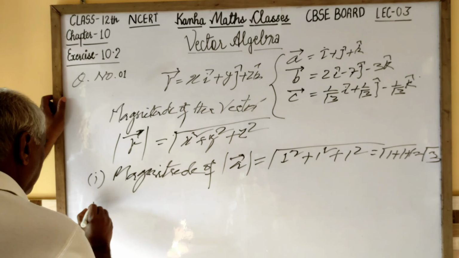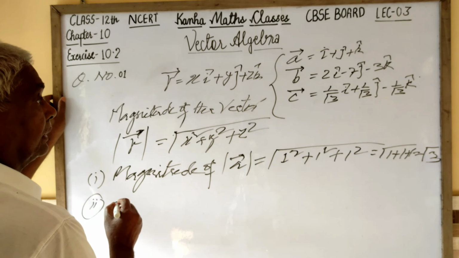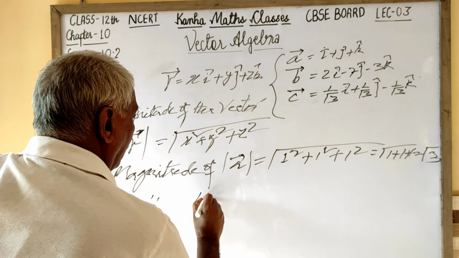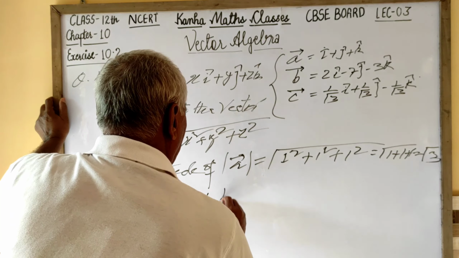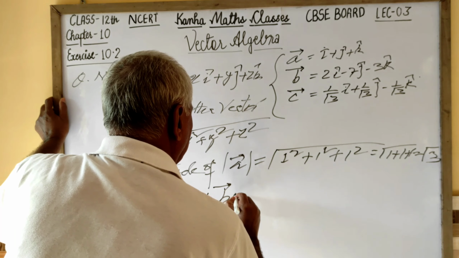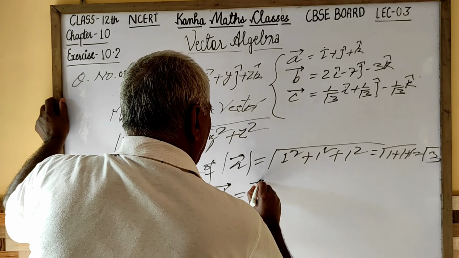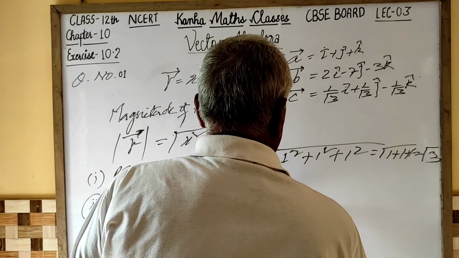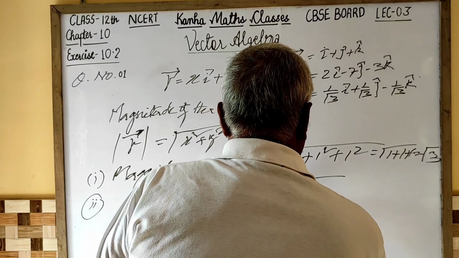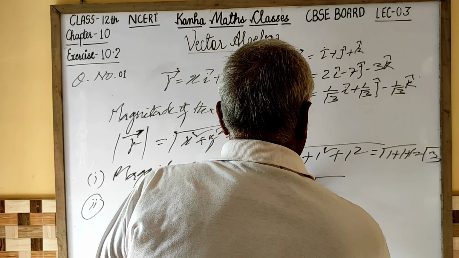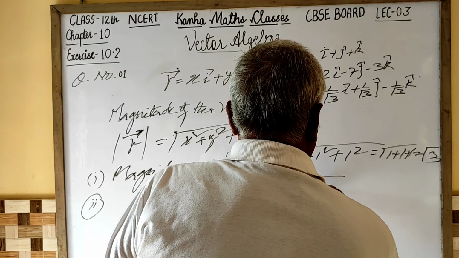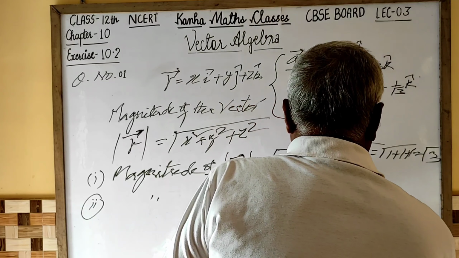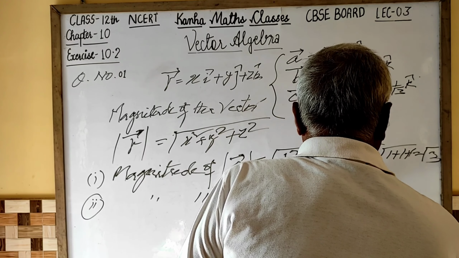Now in the same way, the magnitude of the second vector B, mod of vector B, is equal to under root 2 square plus minus 7 square plus minus 3 square.